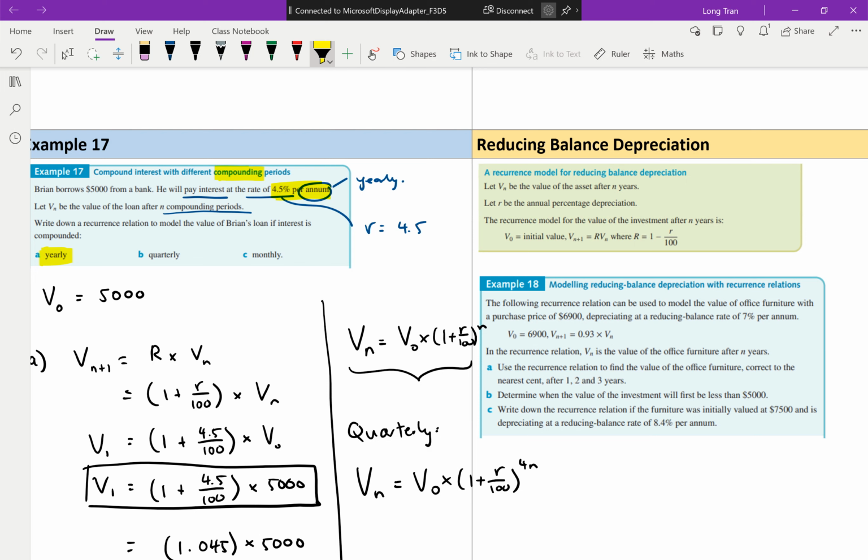So here, you're trying to calculate the interest rate to make sure that R value is going to be representative per month. Otherwise, when you times it by 4n quarterly, that percentage is wrong. It's not 4.5 anymore. It's now 4.5 divided by 4. If it was monthly, and that was meant to be 12n, then it should have been 4.5 divided by 12. So just be careful of that if you're calculating per compound.